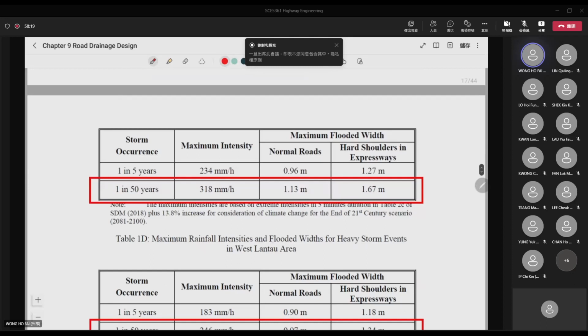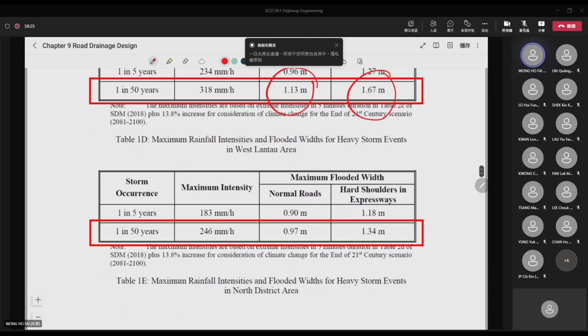Then for the West Lantau area, you have 1.13 and 1.67. And here you have 0.97 and 1.34 meter. So it depends on the location of your road. Then you will choose the appropriate flooded width.